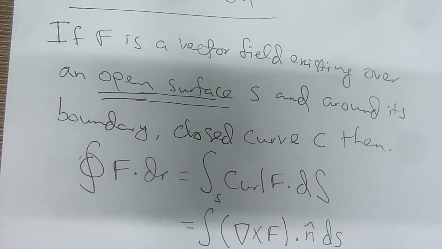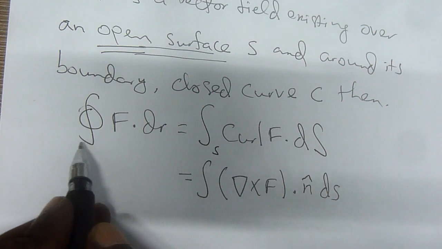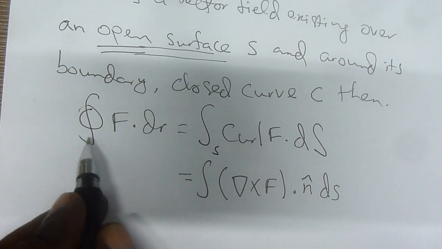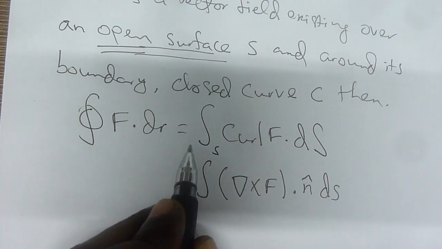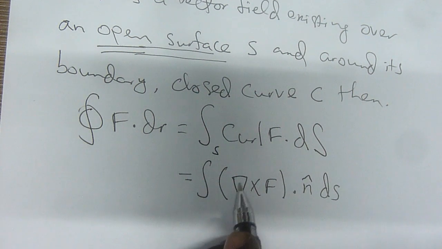Again, if F is a vector field existing over an open surface S and around its boundary closed curve C, then the path integral over this closed loop equals the integral of curl F dS.